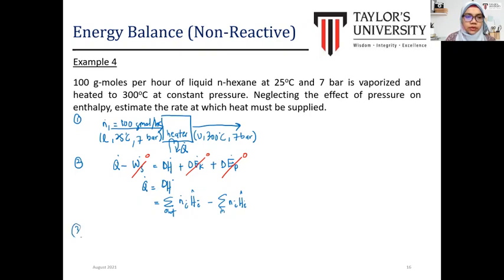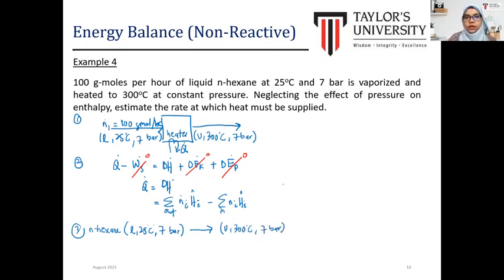So we start with this. The third step is for n-hexane, from the liquid at 25 degrees Celsius and 7 bar to vapor at 300 degrees Celsius and 7 bar.